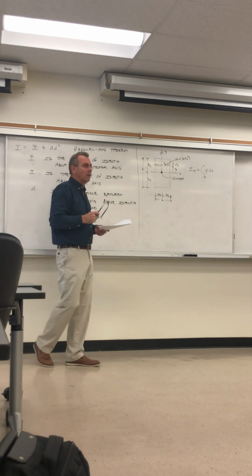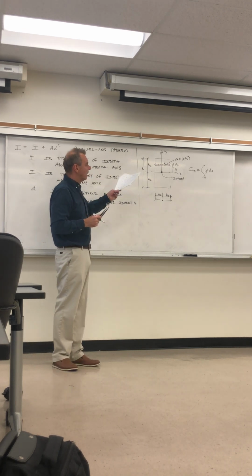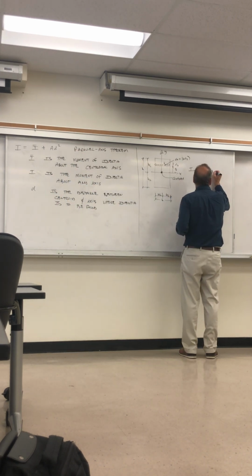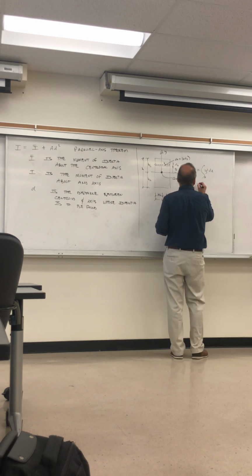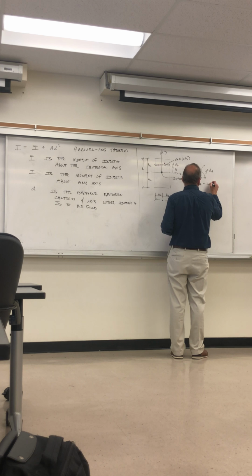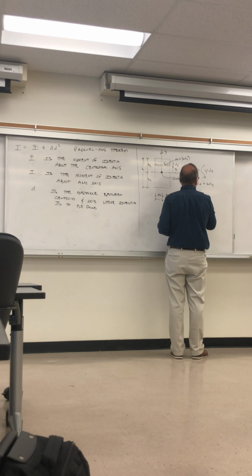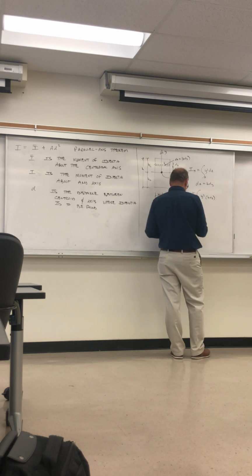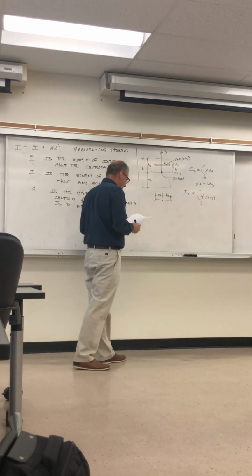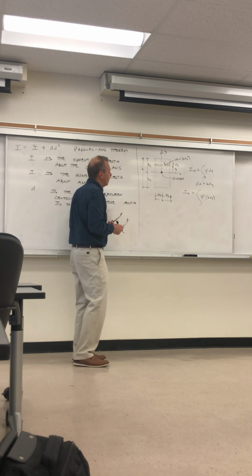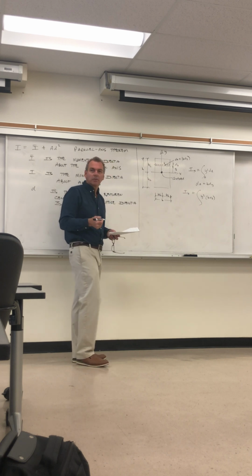Our definition of the moment of inertia about x is the integral of y squared dA, and dA is b dy. So Ix is the integral of y squared b dy. And then the limits: 0 is in the middle, so y goes from minus h over 2 to plus h over 2 in this case.